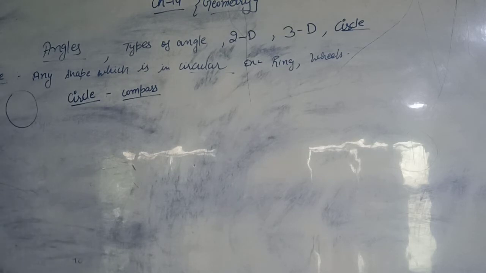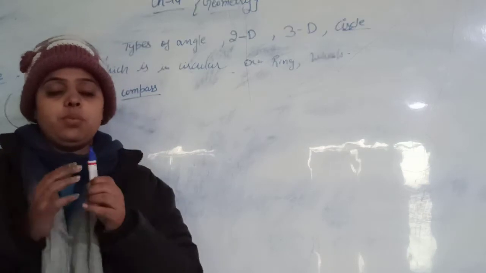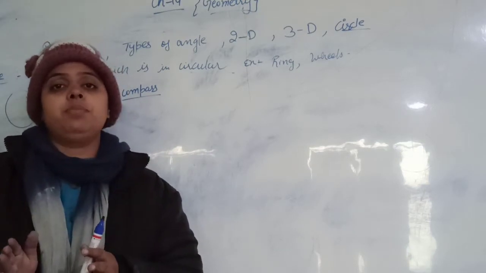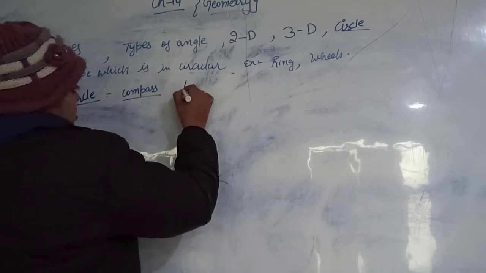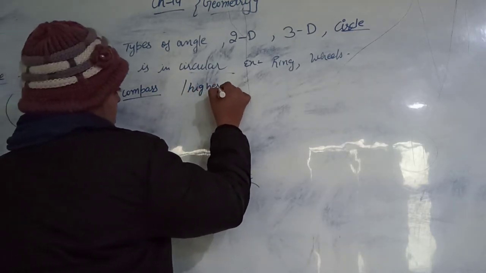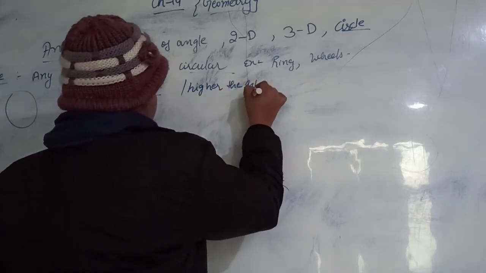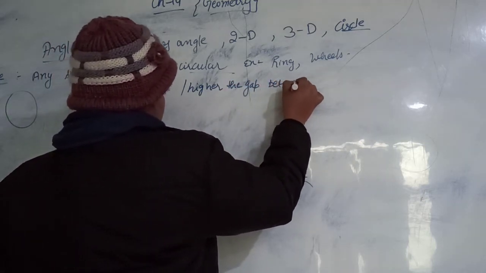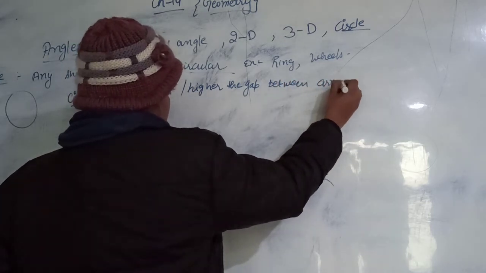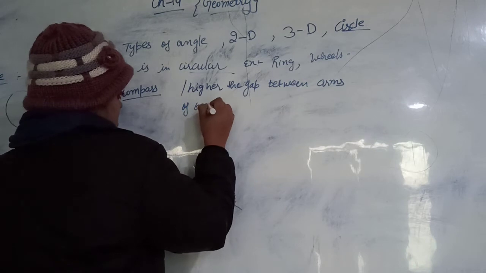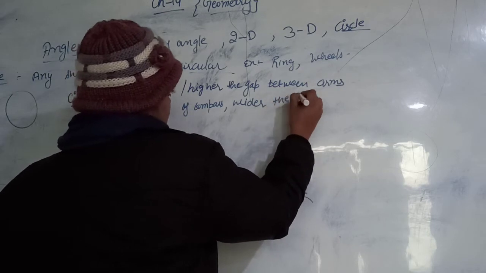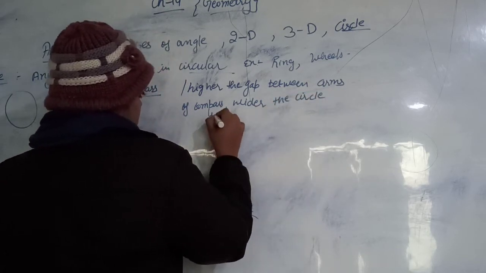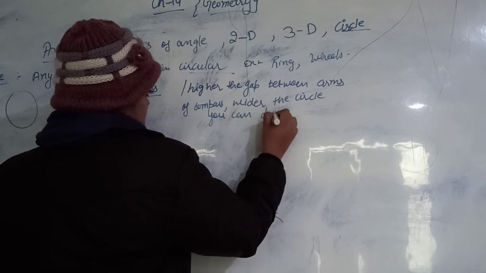So in a compass, the wider the gap between both arms of the compass, the bigger the circle you can draw. Clear?